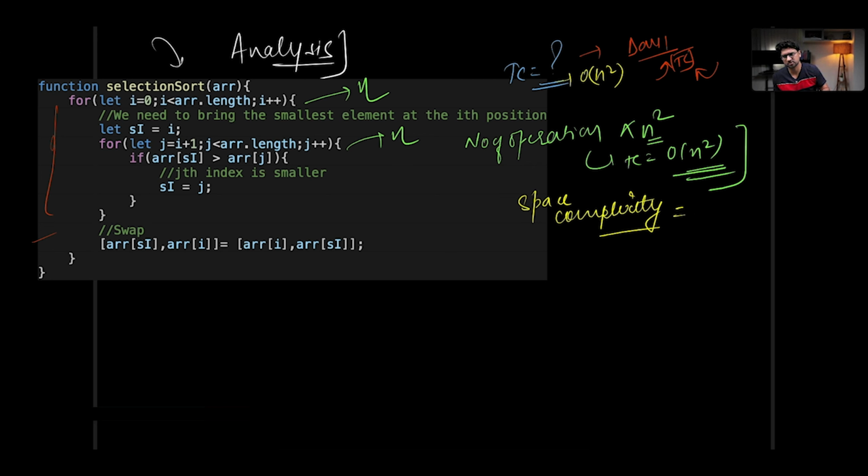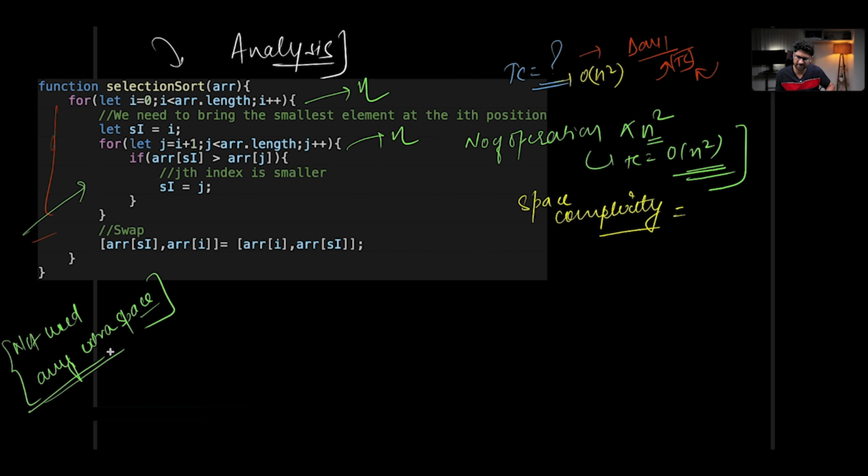Now if I look into this code, I have not used any extra space. Since I have not used any extra space, so the space complexity of this will be equals to constant, which is order of 1. Time complexity will be order of n squared, space complexity will be order of 1.